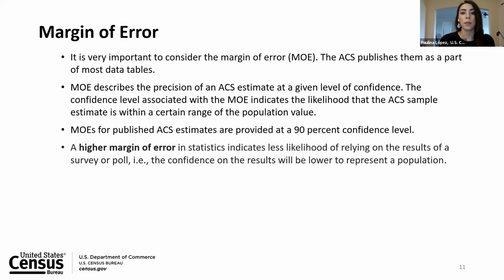It indicates that there's less likelihood of relying on the results for your confidence levels. And since with the American Community Survey we're working with a sample, you'll always see a margin of error right next to the results that we produce. You will not see a margin of error when we're dealing with decennial census data.